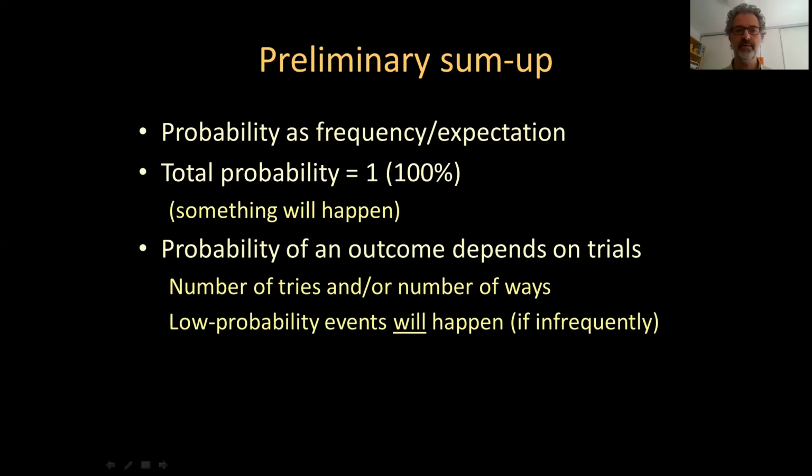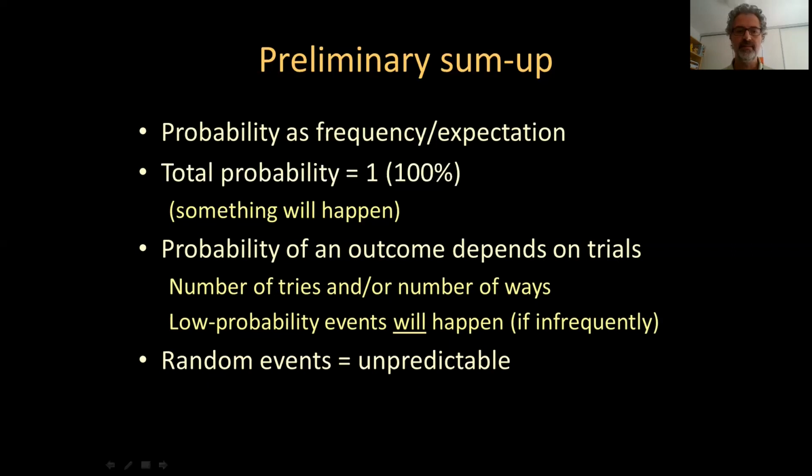It depends on how many times we try, how many people try it, or in how many different ways it can occur. Number of tries or number of different ways. And so low probability events will happen eventually if you try enough times or if enough people try.